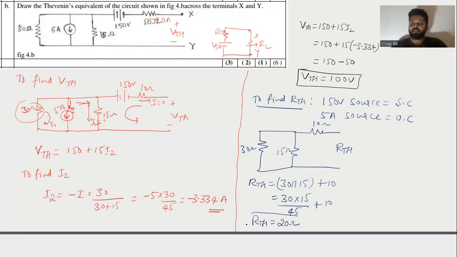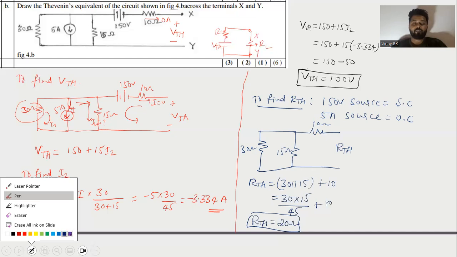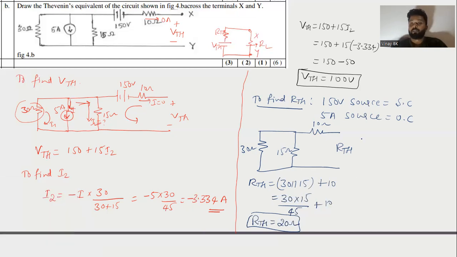So once after getting the value of RTH and VTH, now you draw the Thevenin's equivalent circuit. The Thevenin's equivalent circuit is nothing but RTH in series with VTH across the terminals X and Y. This is Thevenin's equivalent circuit, where the value of RTH is 20 ohm and the value of VTH is 100 volts. And this is the solution.